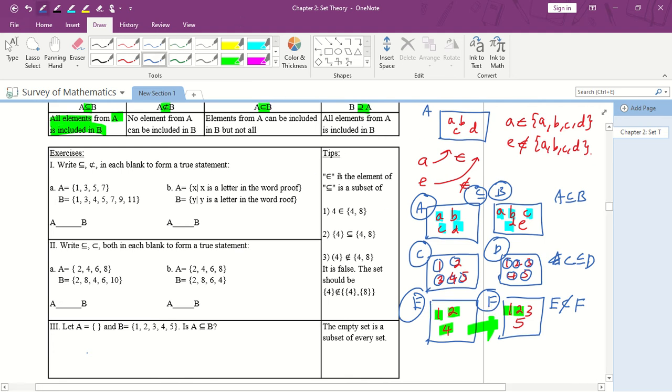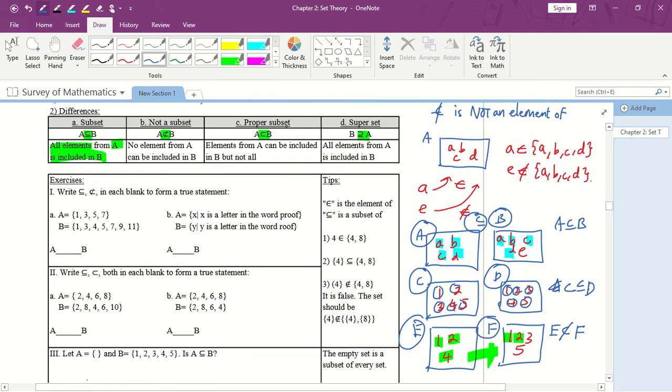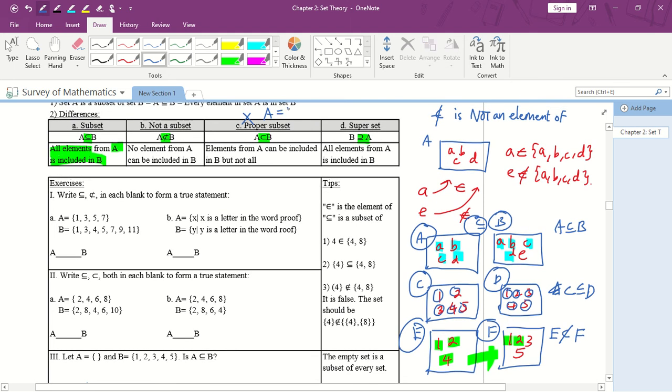Now next we're talking about proper subset. A proper subset is basically exactly the same thing as a subset. However, there's just one difference: it doesn't accept that A is exactly the same thing as B. What does that mean?